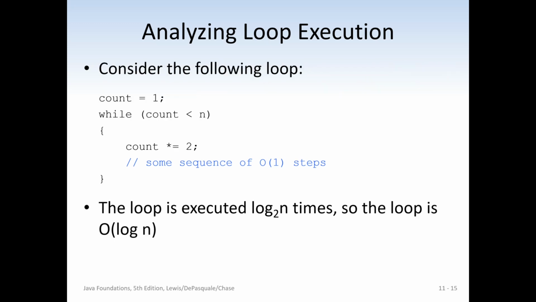Now this is a slightly more complicated single loop. That was a simple for loop. Here we're looking at a while loop, and we have while count less than n. So we're still bounding based on starting at 1 and going up to n. But count is multiplied times 2, right? So if you think about what that looks like, what kind of function is that?